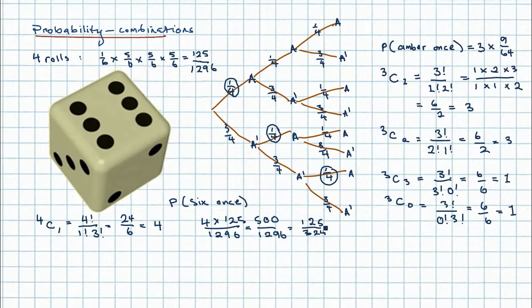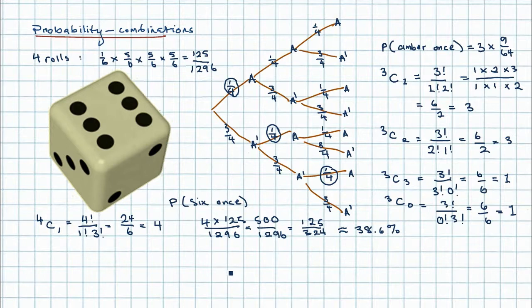I think what would be nice, and in fact might be asked for, is to give the percentage, because that gives us a better sense of what that comes to. So that's the exact form, but the percentage would be 38.6%, let's say, to 1 decimal place.